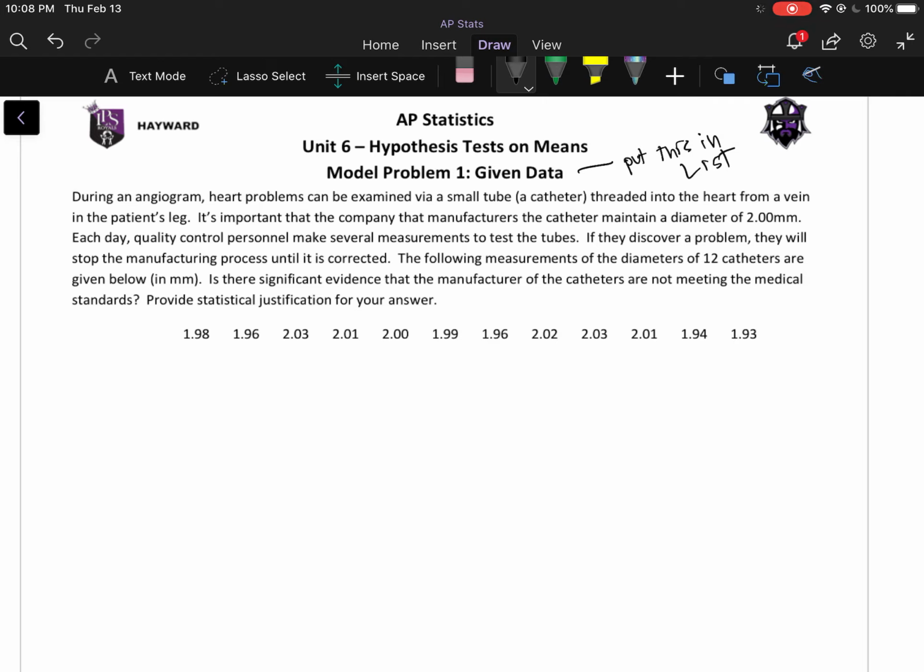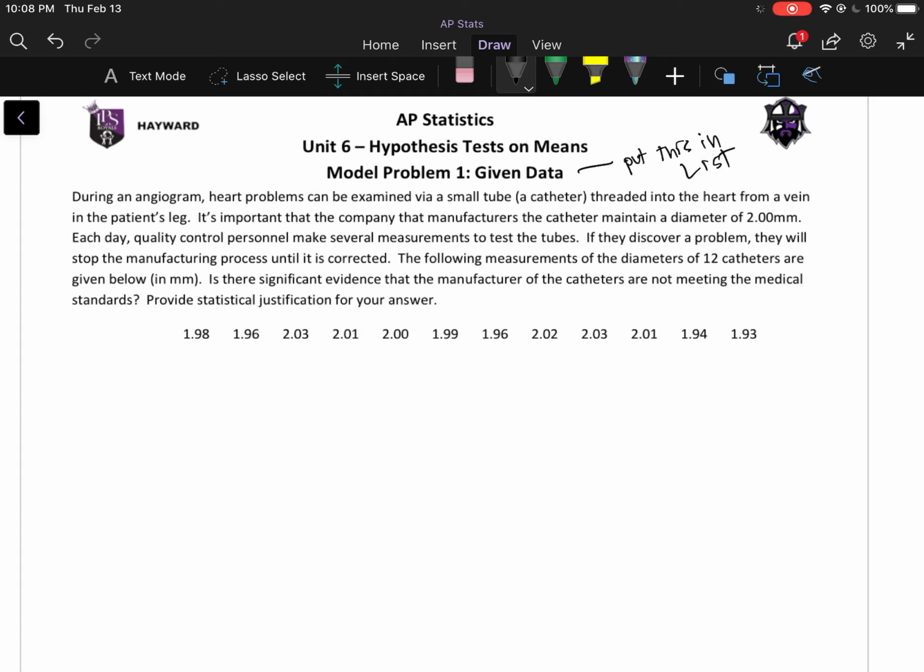During an angiogram, heart problems can be examined via a small tube, a catheter, threaded into the heart from a vein in the patient's leg. It's important that the company that manufactures a catheter maintain a diameter of 2 millimeters. Each day, quality control personnel make several measurements to test the tubes.